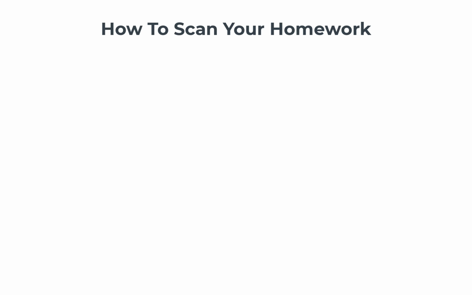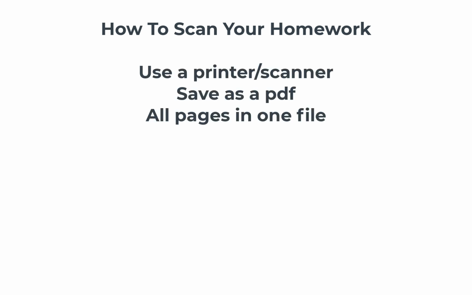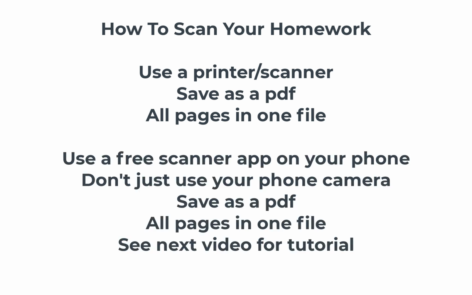The last thing we need to talk about is how to scan your homework so that you can turn it in. If you have a printer with a scanner, just use that. That's going to be the easiest way to get a good scan. But I know a lot of you won't have that. You can also get a free scanner app to use on your phone.